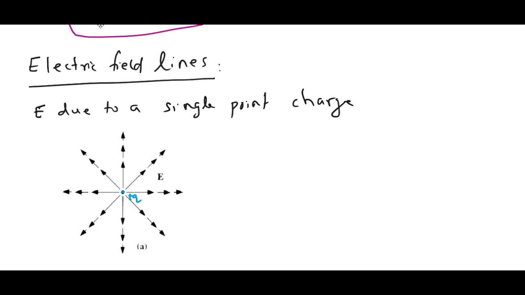The electric field lines are diverging away from the charge, and the electric field at a distance r from the charge can be written as E. We believe that the charge is kept at the origin of the coordinate system, that is 1 by 4 pi epsilon 0 q by r square r cap.